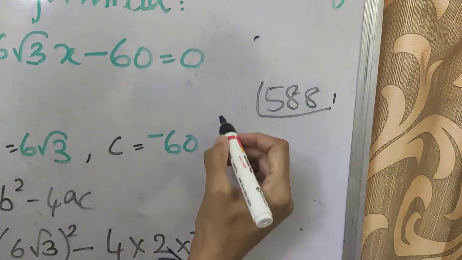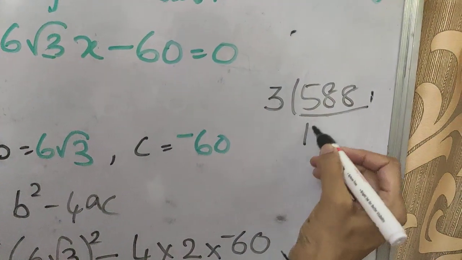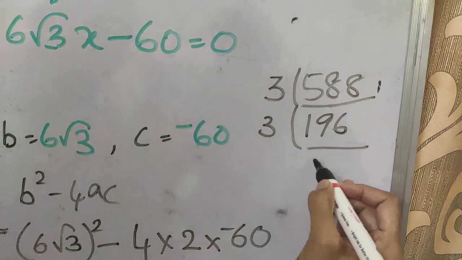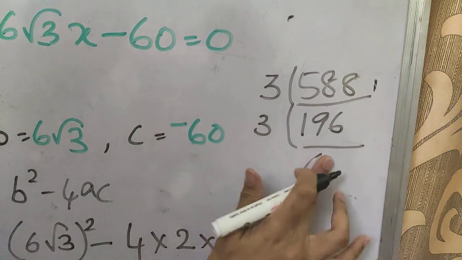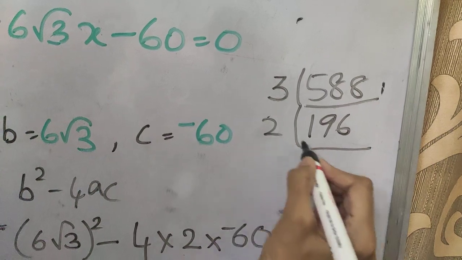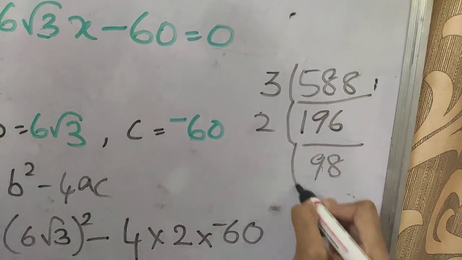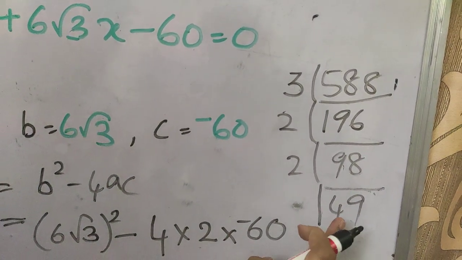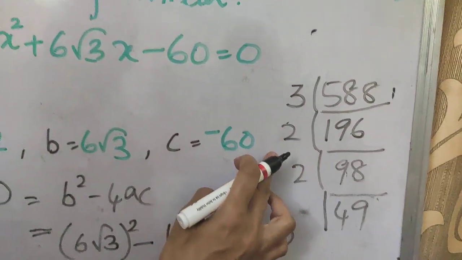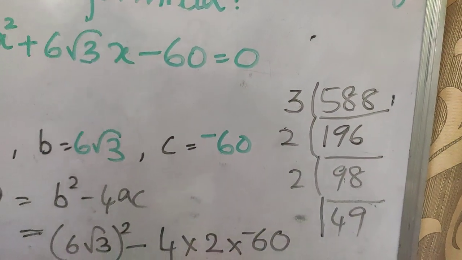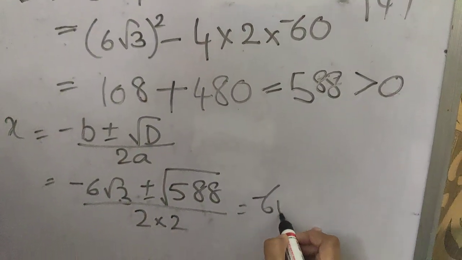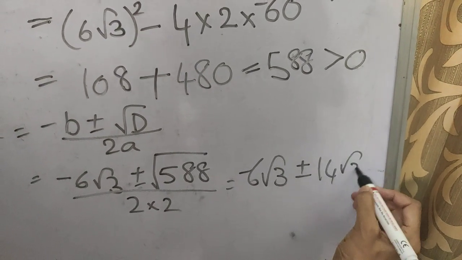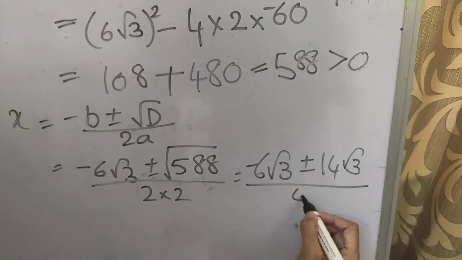We'll just divide it: 3 ones are 3, 3 nines are 27, 3 sixes are 18, 3 fours are 12, so it will go by 2. 2 nines are 18, 2 49. Enough, isn't it? So 49 is 7. 7 into 2 into root 3. So you get minus 6 root 3 plus or minus 14 root 3 by 4.